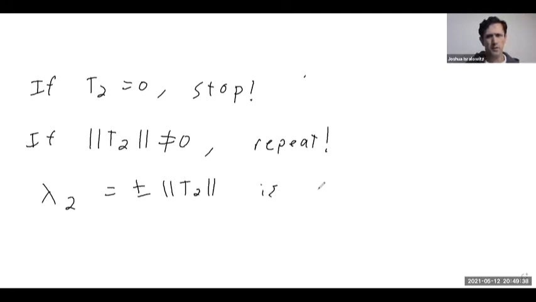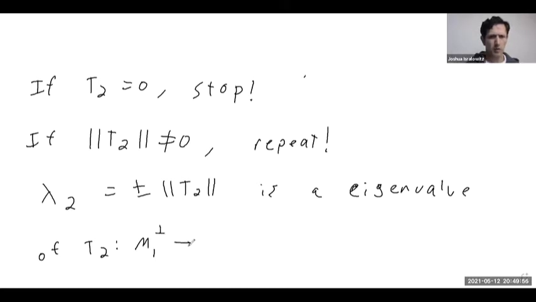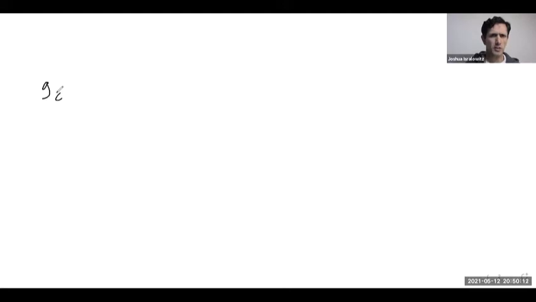This is an eigenvalue of T2, taking M1 perp. Let's say G2 is in M1 perp.